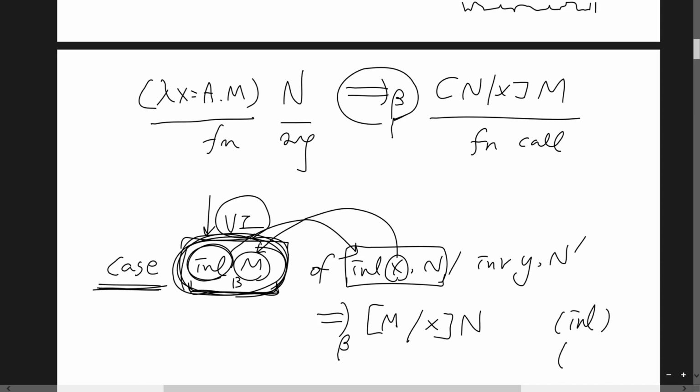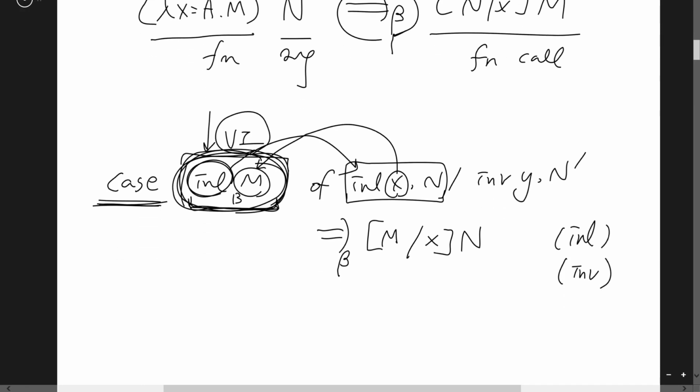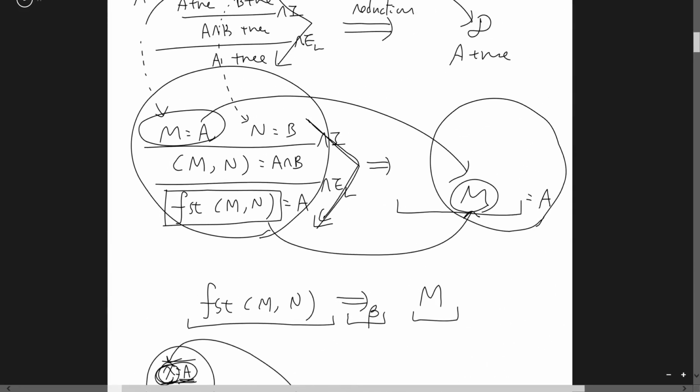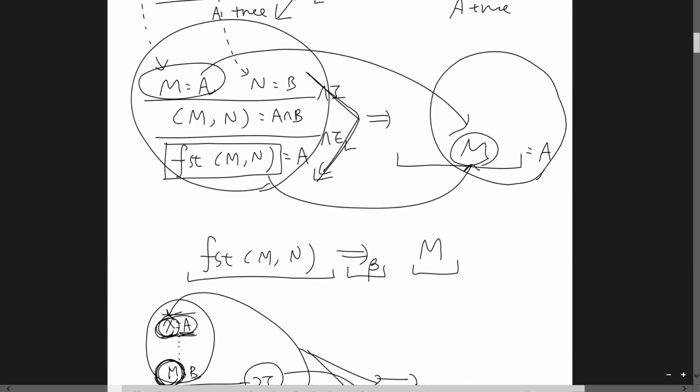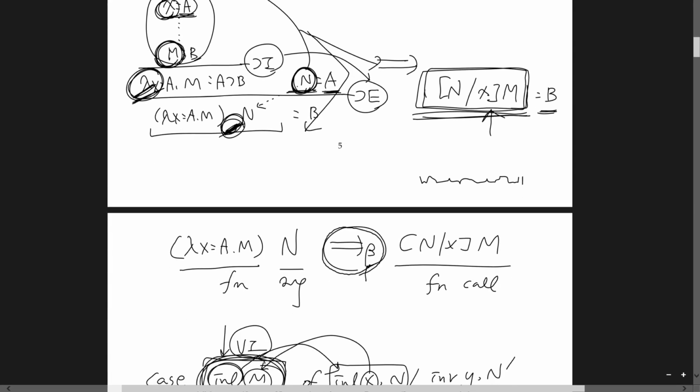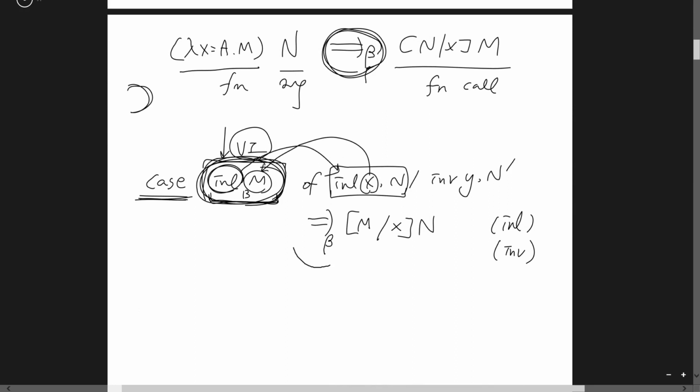And there's a symmetric case for injection right. So in this way, we obtained the beta reductions for proof terms: beta reduction for this product, this conjunction, and beta reduction for implication, and beta reduction for disjunction.